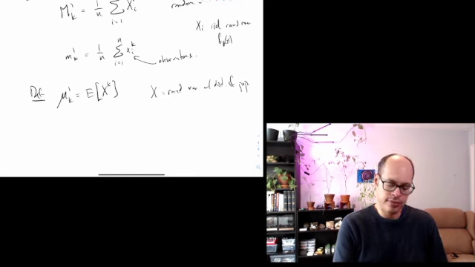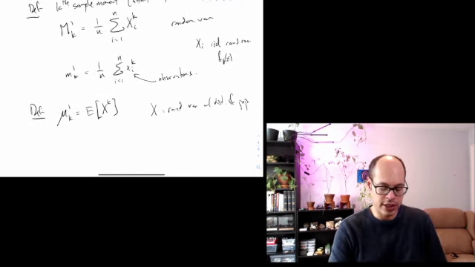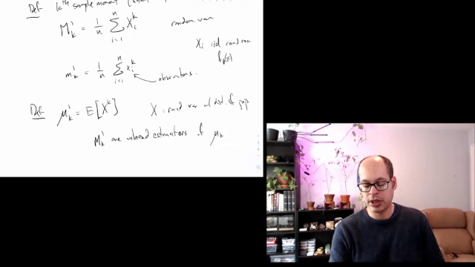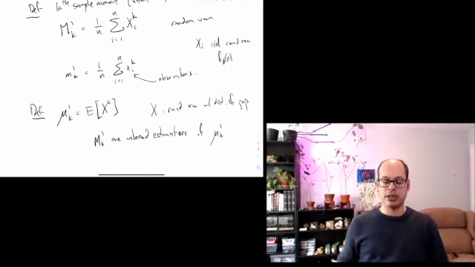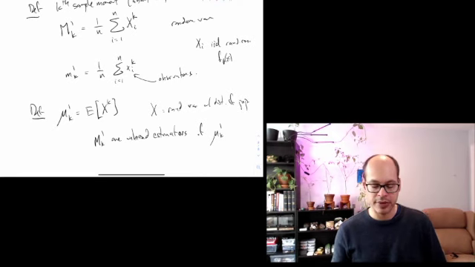Now it's kind of a tautology that these capital M_k primes are unbiased estimators of these population values, the kth moments of the population.